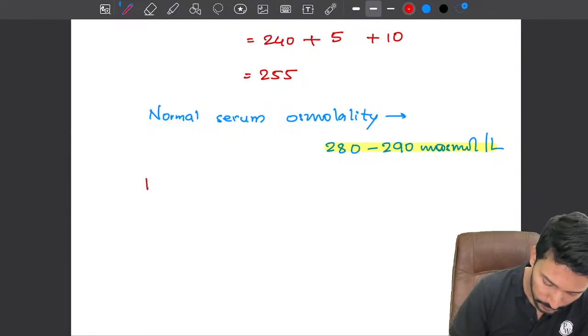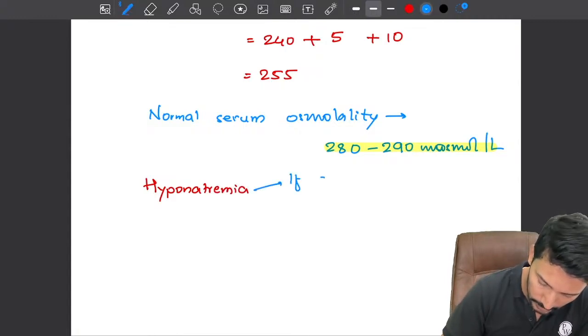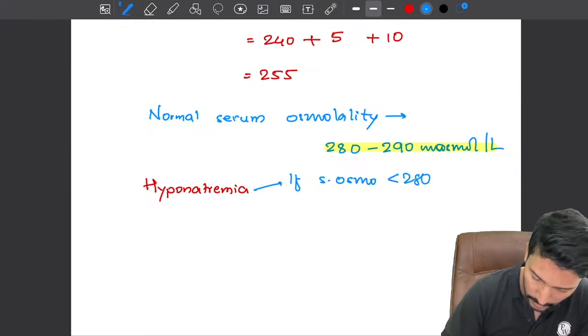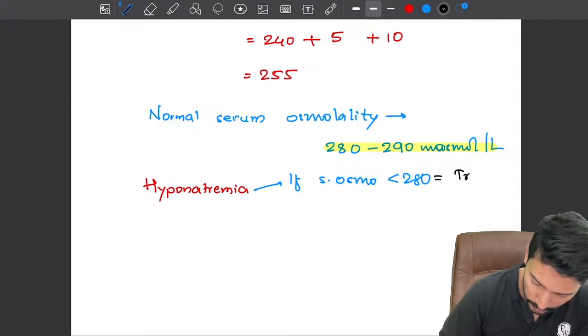So if you have a case of hyponatremia, right, in a case of hyponatremia, if serum osmolality is less than 280, right, that means it is a case of true hyponatremia.